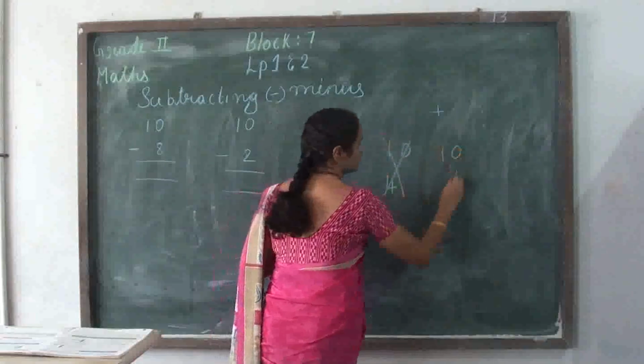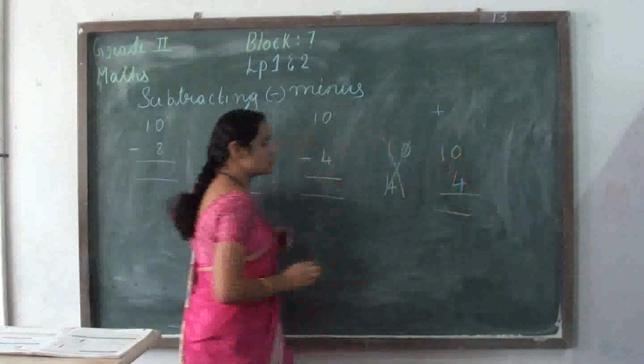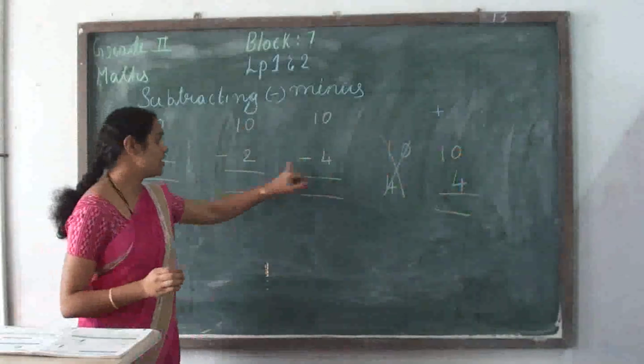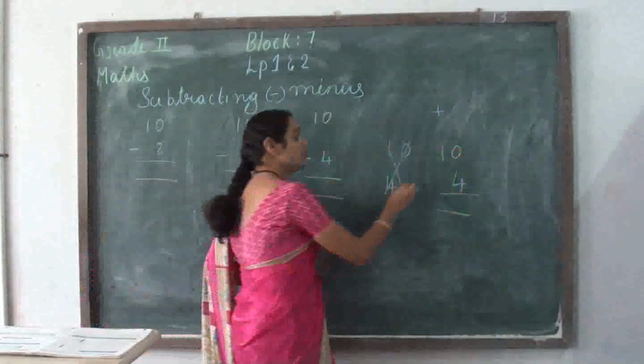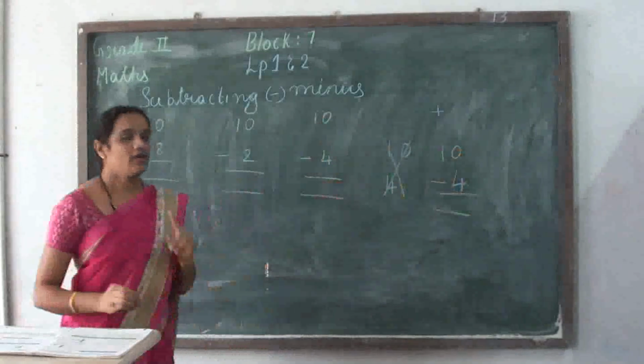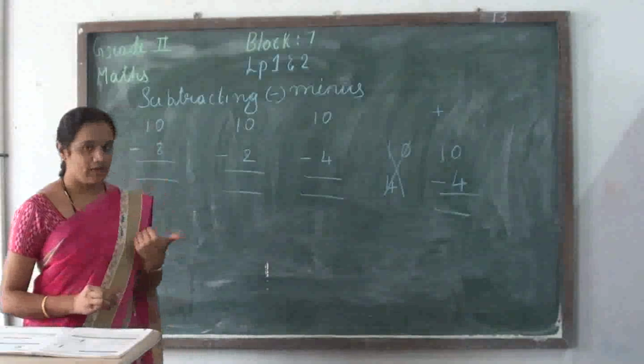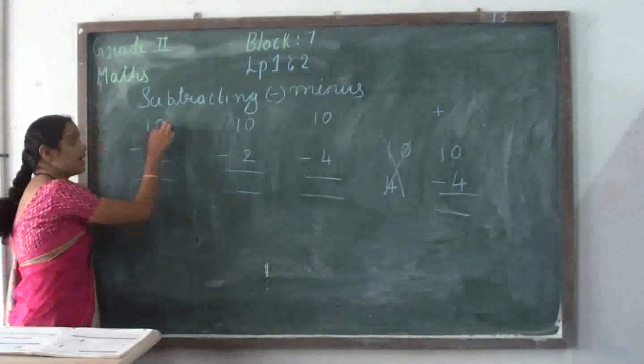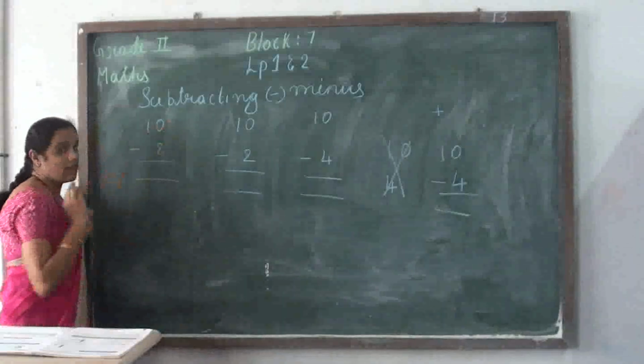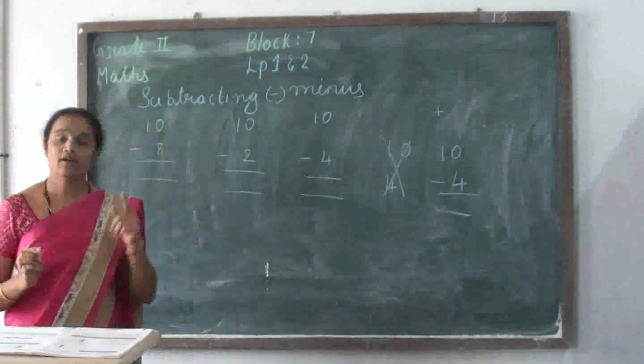You have to follow the method. And you should not forget to put the sign also. In addition you used to put plus, but here you have to put the minus. Now come to do the sum. 10 minus 8. This also you have to do by the mind method.